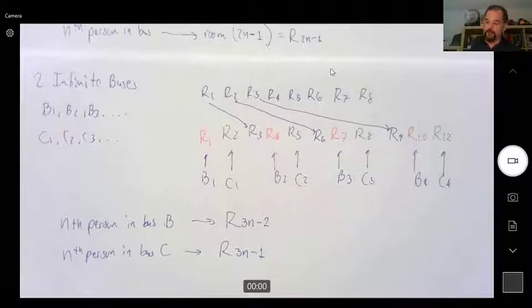Now, the one that I'm not going to do, I'm just going to leave it for you to think about how you would do it. The next level of difficulty here would be if you now get not 1 boss, not 2 bosses, not 3 of them, you get infinitely many bosses, all right? So you get infinitely many of them, and each one of them has infinitely many people.